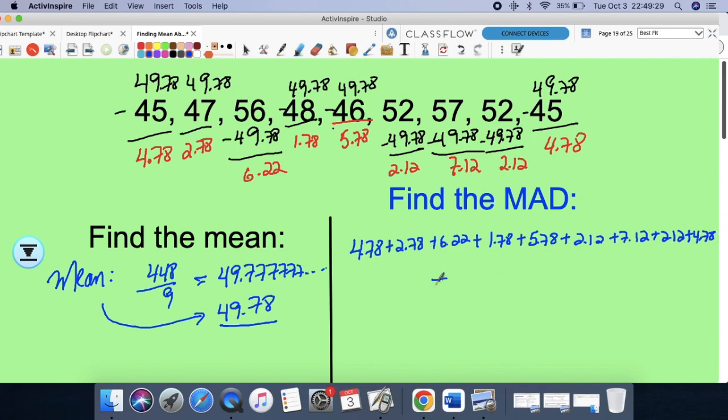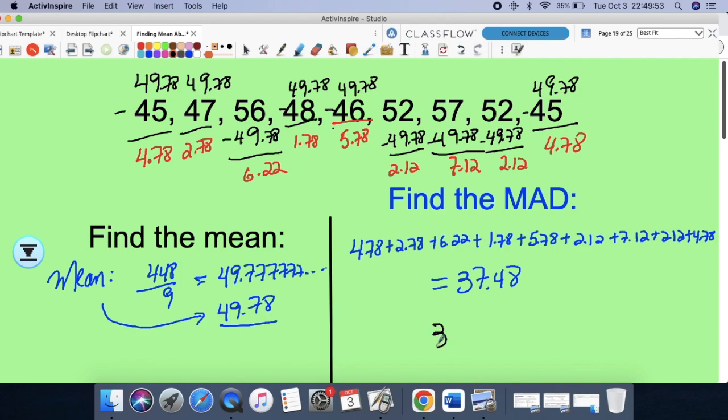So you're going to put that in your calculator, and that's going to give us 37.48. And what do we have to do with that number?